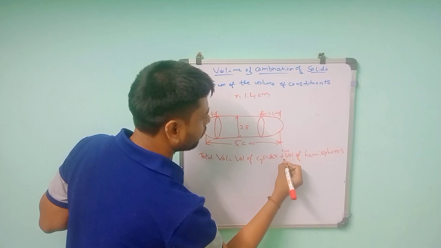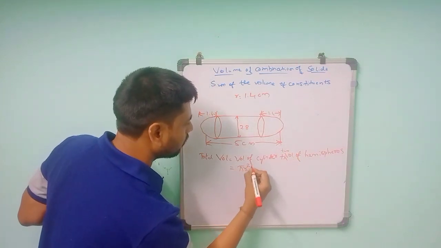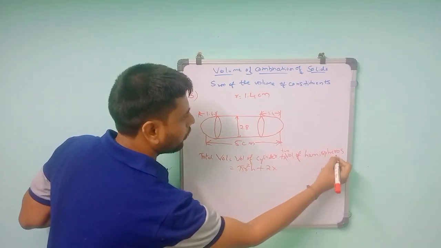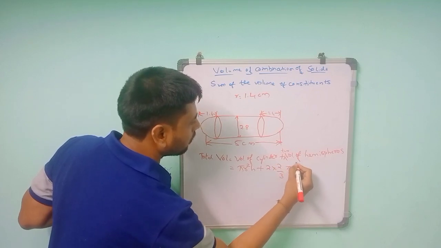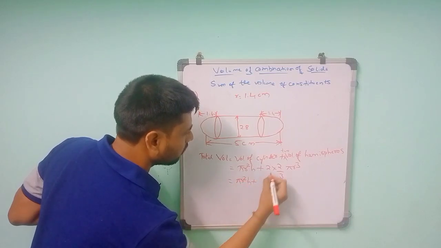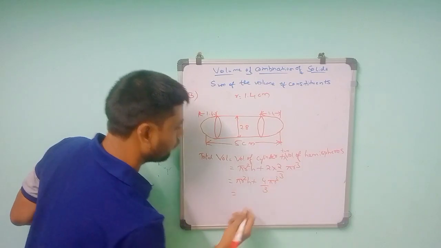The volume of a cylinder is pi r square h. The volume of a hemisphere is 2 by 3 pi r cube. So this will give pi r square h plus 2 into 2 by 3, that is 4 by 3, pi r cube.